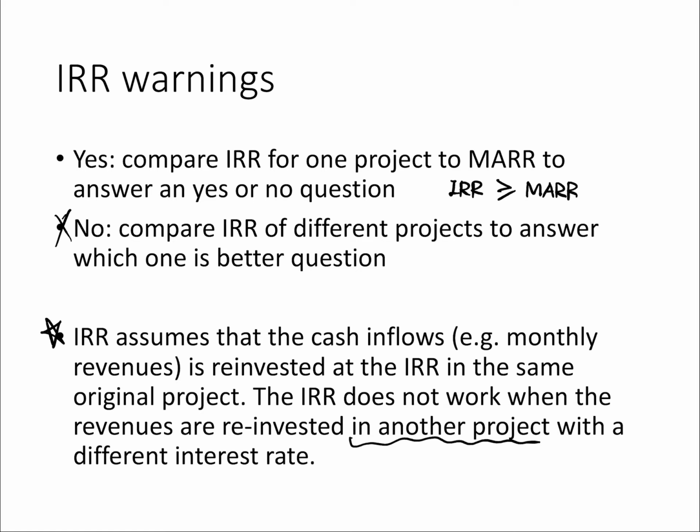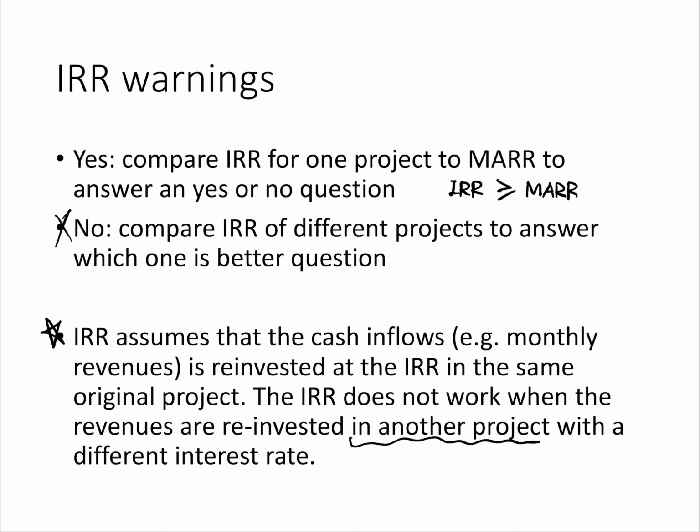So say if you sell iPhones and you have some profits, but you didn't reinvest that profit into your iPhone business, instead you invest that profit into a television business, okay?